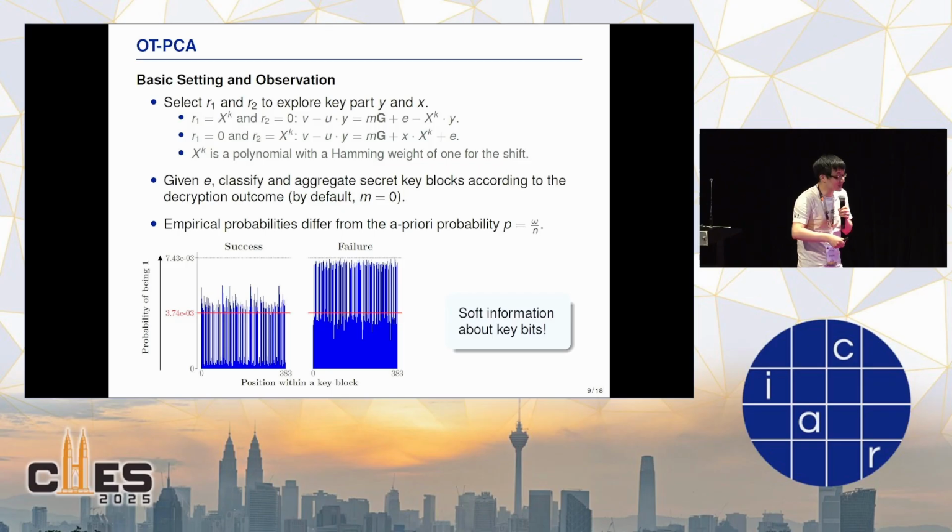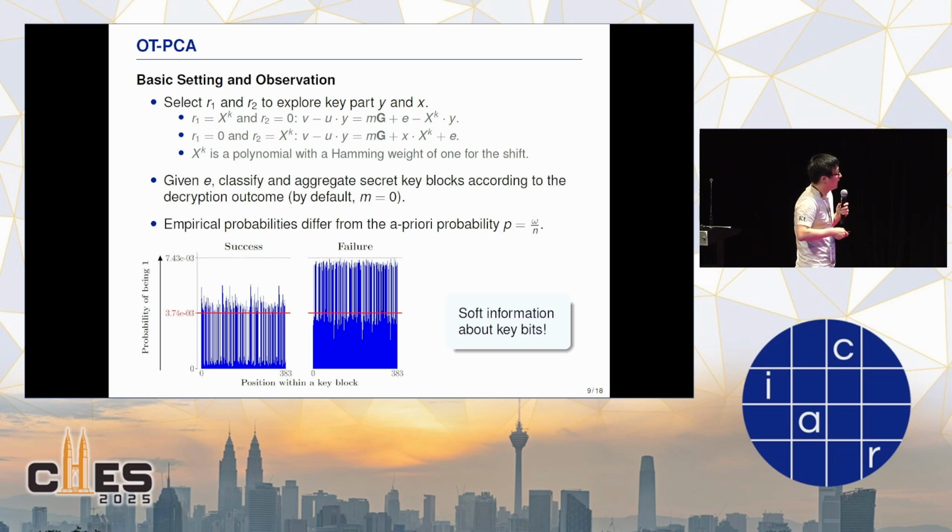If it leads to failure, we do some statistical analysis on that and build some statistical property. We call it offline templates. So next time in the real attack, when you observe such a state, you think the key should follow this property. This is the basic idea of the offline template.